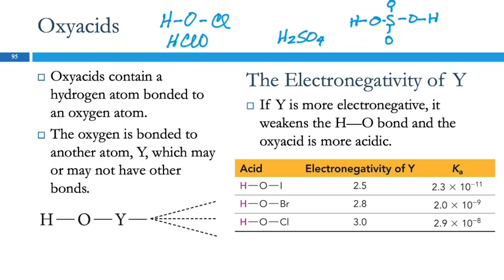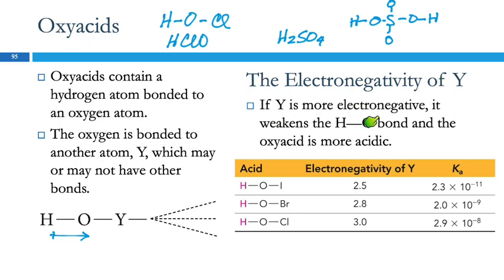So we're looking at this situation here. We've got a hydrogen attached to the oxygen, and this is a polar bond, so we've got the possibility for this to be acidic. The identity of this element Y is going to affect the strength of that bond.